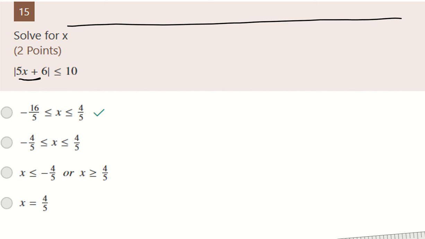So it's within 10 units: 10 units to my left, 10 units to my right of this 5x plus 6, both sides. So the mechanics, we've taken some time to build this up, but we understand that we can write 5x plus 6 has to be no more than 10 away.